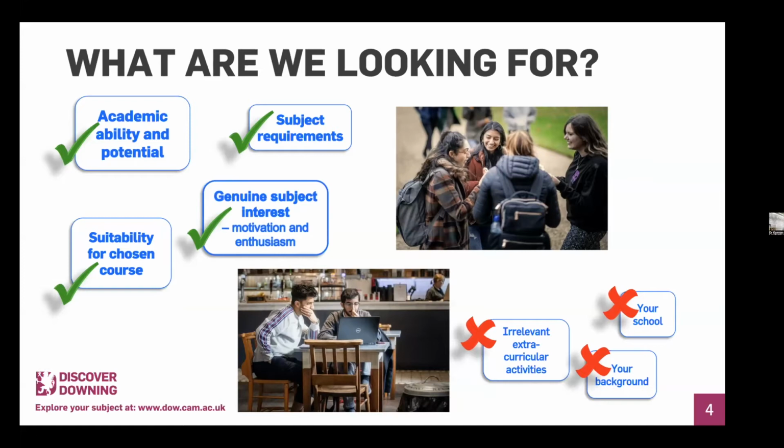The key thing is we want to make sure that they are suitable for the chosen course, have a genuine interest in the subject area, are enthusiastic, motivated, and dedicated in wanting to study that subject at university. And in the case of medicine, we're looking for students who are very, very bright, are going to be able to cope with the academic pace of the work at Cambridge, but at the same time, have the right aptitude to become a good doctor. So those are the sorts of things we're looking for.